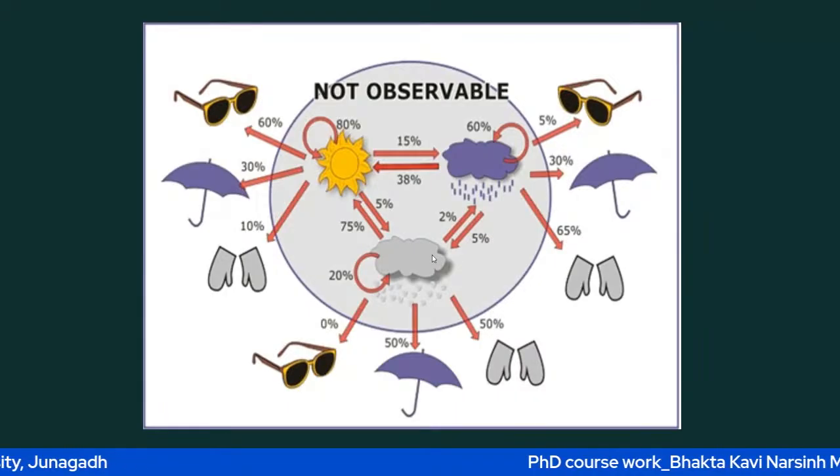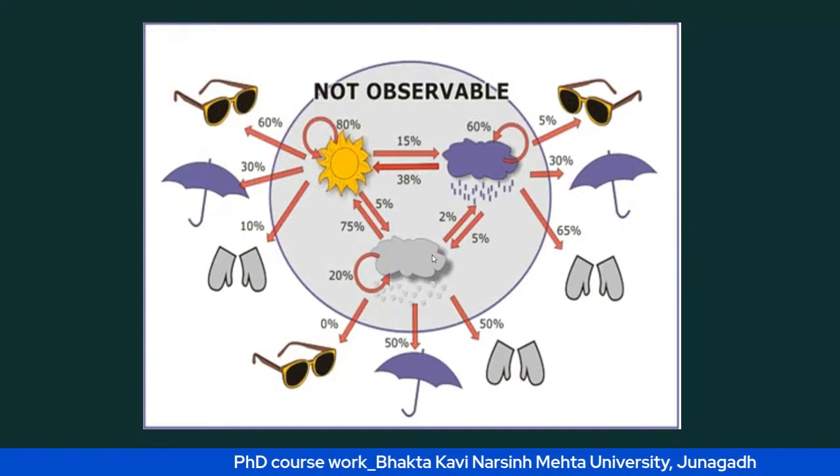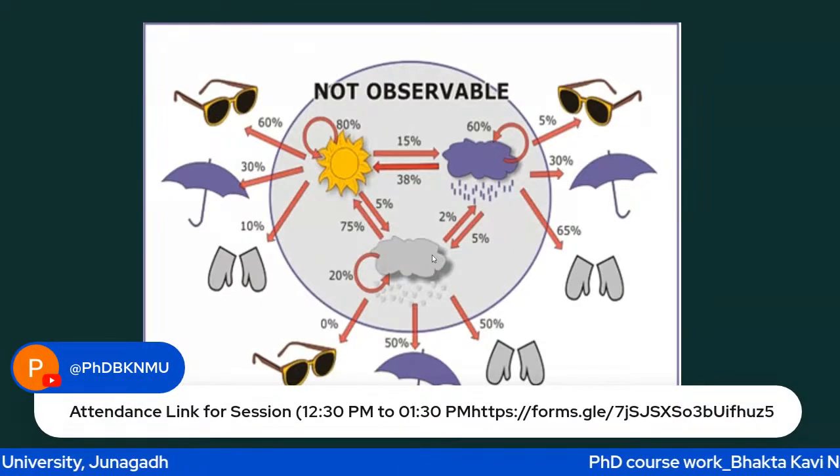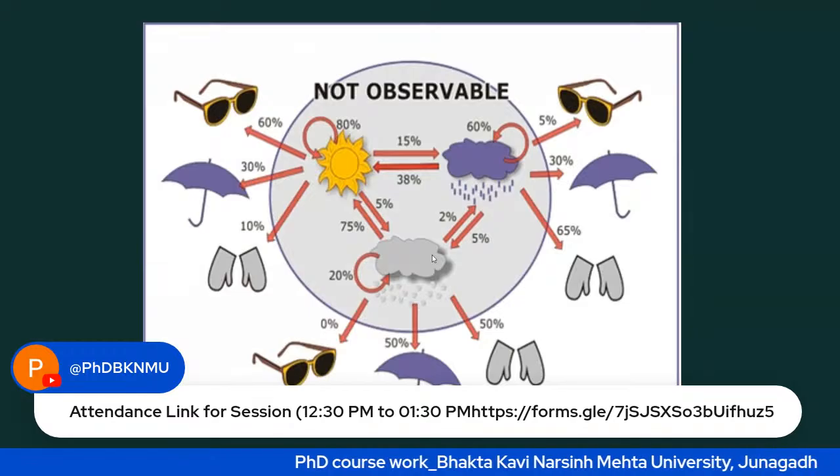Now suppose I'm closing the room, and in a similar manner I'm asking you the same question again, but I'm not allowing you to see outside. So you're not allowed to see whether the sun is there, whether clouds are there or not, what the humidity is and everything. And I'm asking the same question. What you can do is, if somebody comes into the room, you can observe that person.